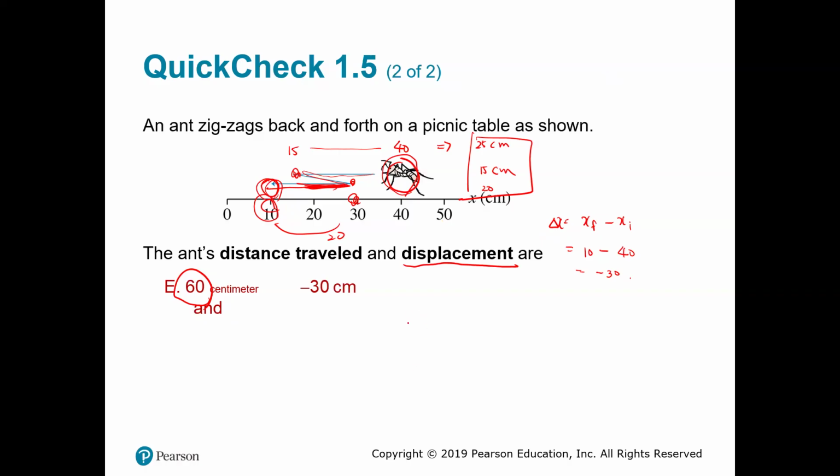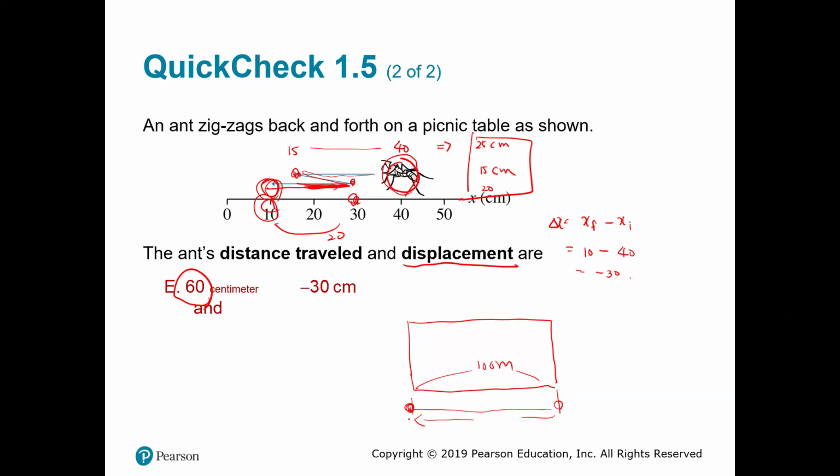Now let's assume you have a track, a soccer field or football field, and you have a 100-meter run. You're running from here to here. If you run back and forth and then come back here, what is your total distance traveled?